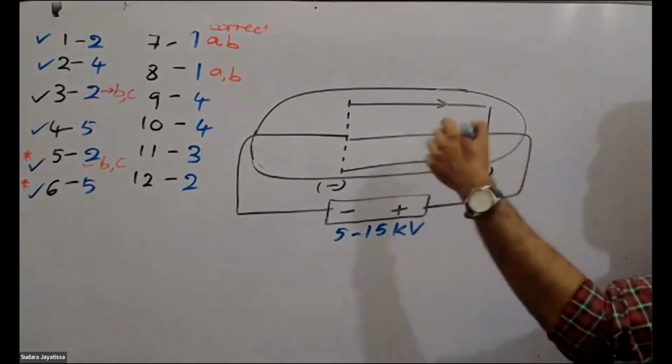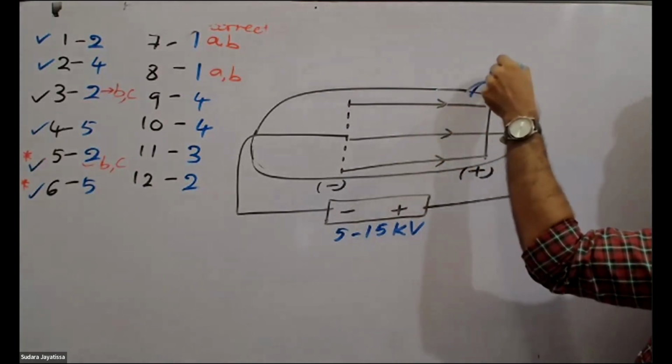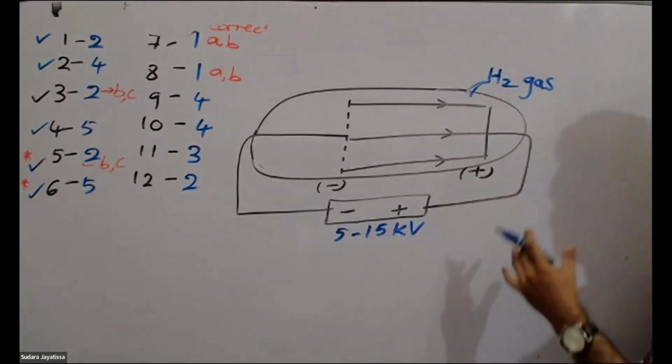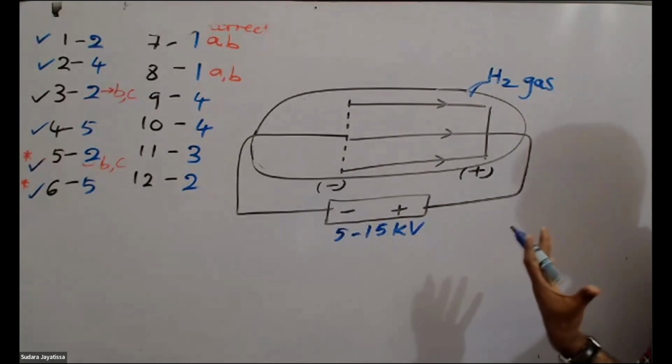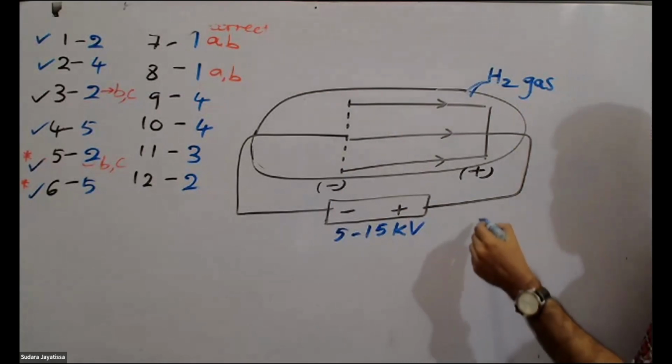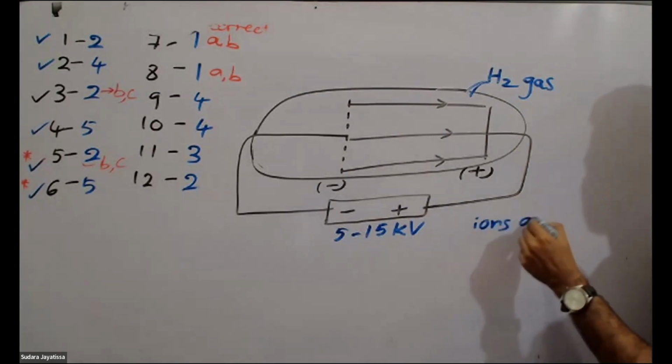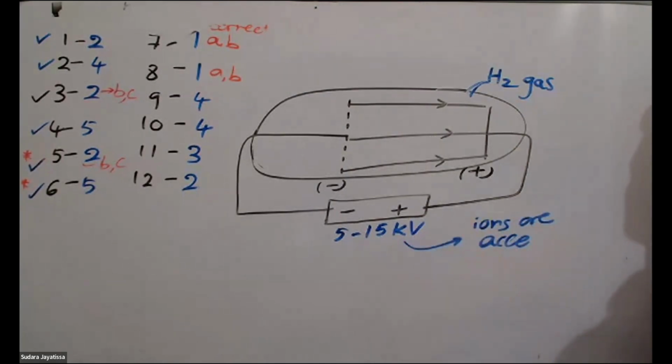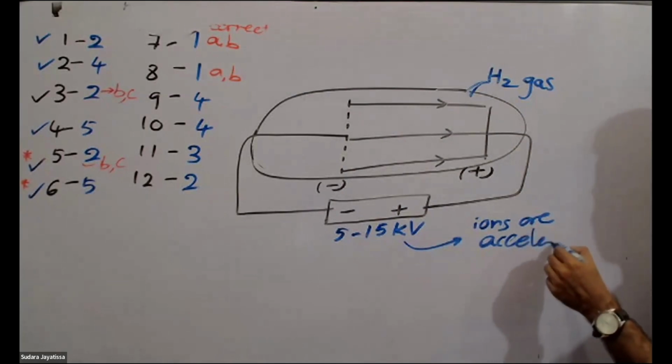In any gas-containing tube, let's say here you have hydrogen gas, there is a small number of positive ions. These ions are accelerated because of this high voltage.